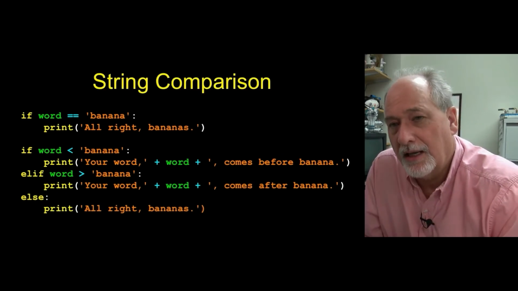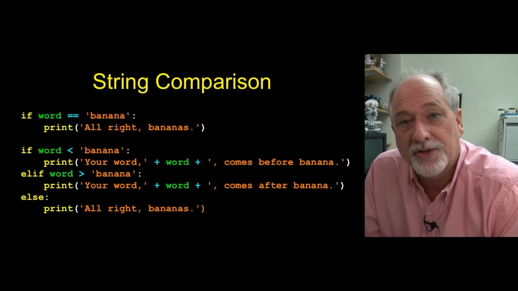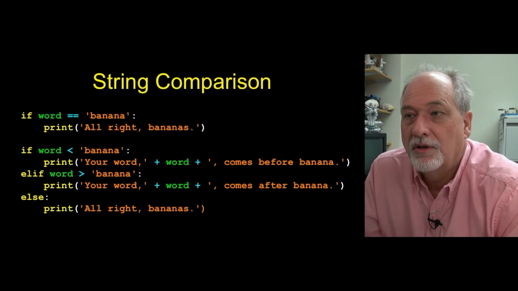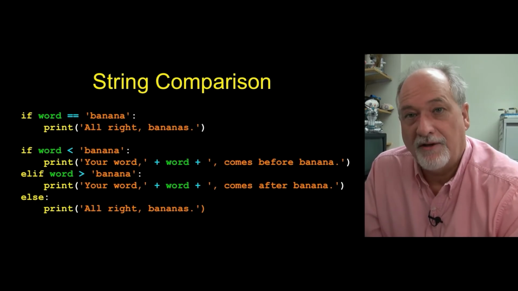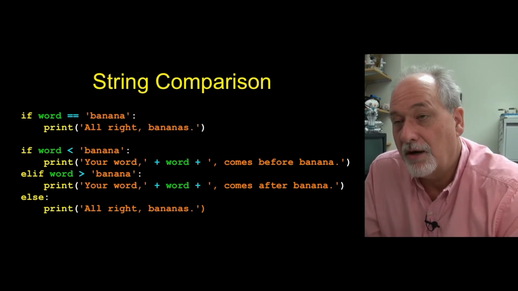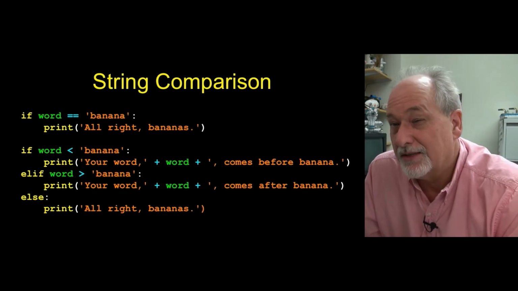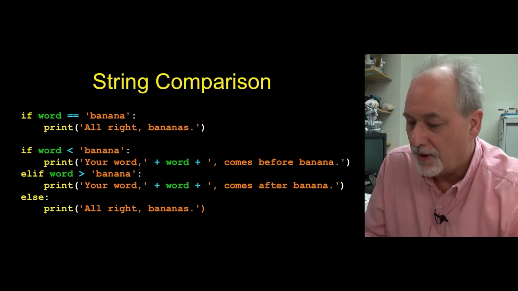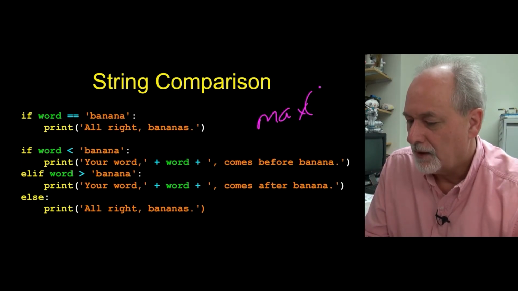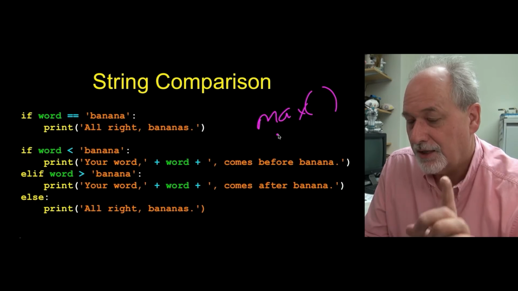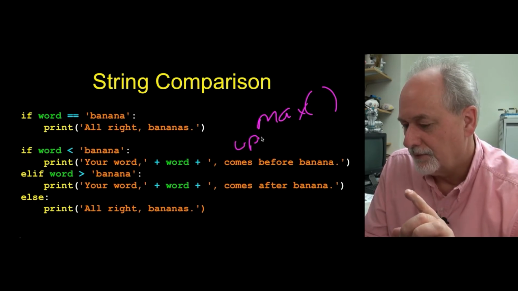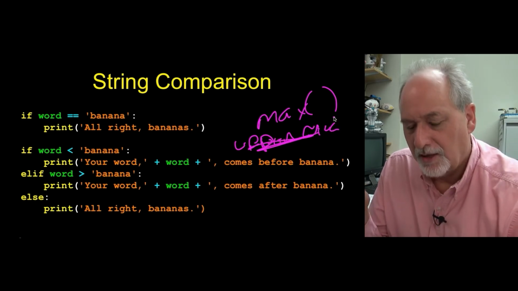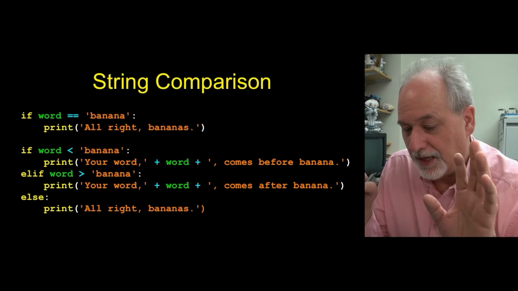You can compare strings, and this has to do with the character set of your computer, the character set that Python uses. But in general, it is lexicographically less than and lexicographically greater than. Uppercase and lowercase are a little weird. I think when we used the max function earlier, the way my computer was set up, uppercase was less than lowercase, but in general, it's bad to assume case.